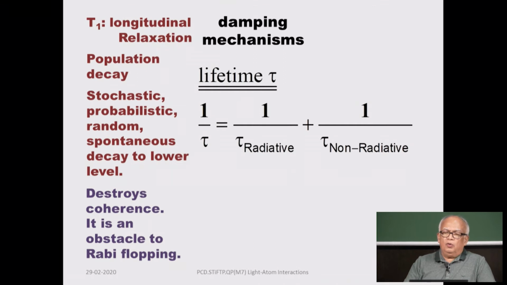So you can have decay from two processes. One is a radiative decay, when the atom goes from an excited state to a lower state and light is emitted, a photon is emitted. It can decay not only to this level, but if selection rules permit, even to a lower level.